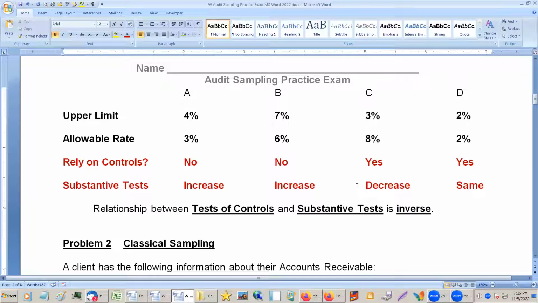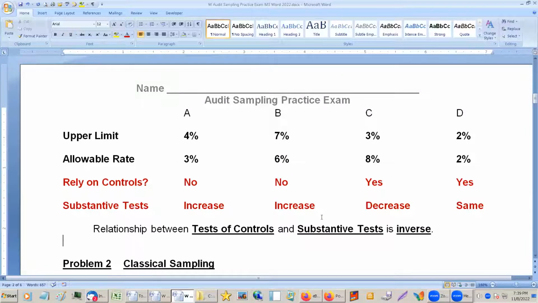So if you don't do any tested controls, that's fine, but then you have to increase the substantive tests. If you do test the controls, the more tested controls you do, the less substantive tests you need usually. So the relationship between test controls and substantive tests is inverse.